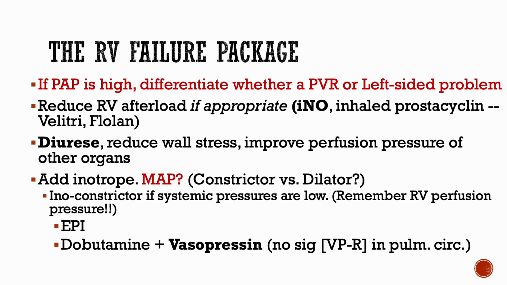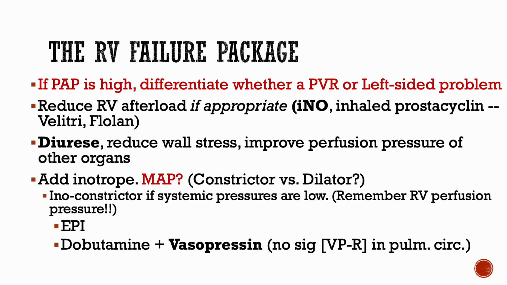So, you can do a combination of dobutamine and vaso if you can get away with it. There's kind of a ceiling on how much vasopressin you can use, so this is probably not like a can't lose combination. You probably have to start with epi, and if your pressure is really low, a little bit of vasopressin is also a rational choice.